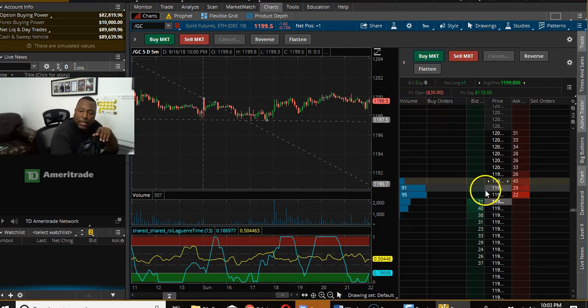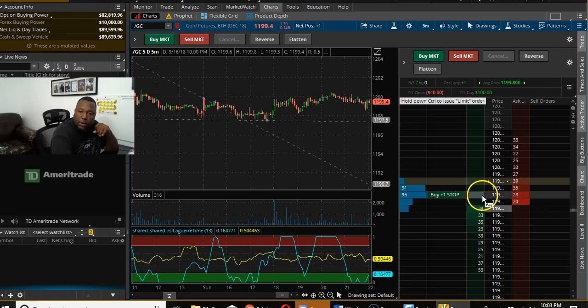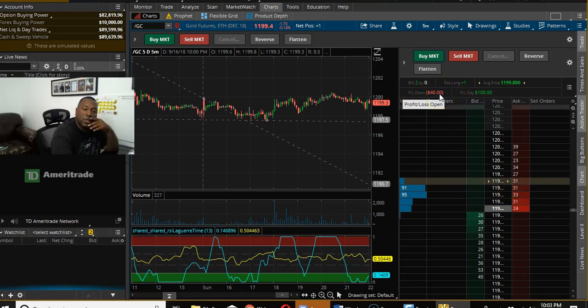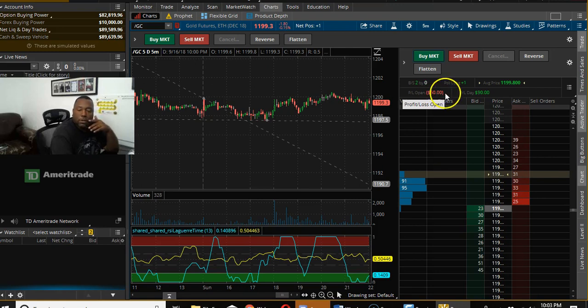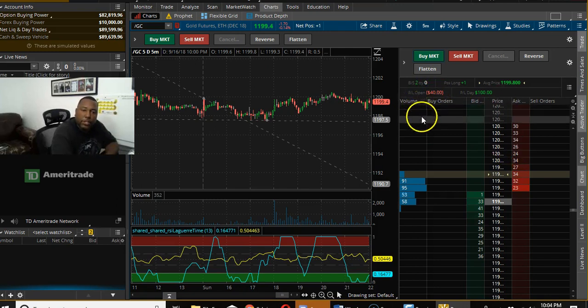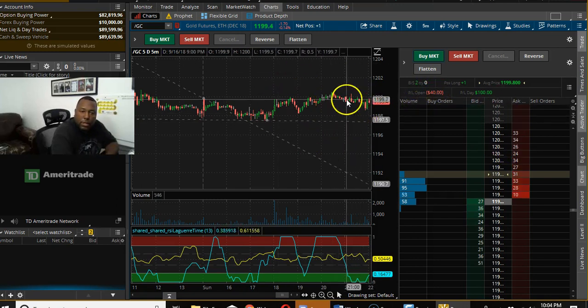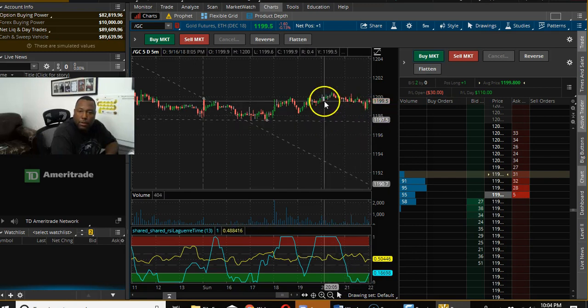So every tick is $10. Here's my buy price. And as it goes down, basically on ticks you'll lose, and as it goes up, it'll go up and down. And this is just on the gold.